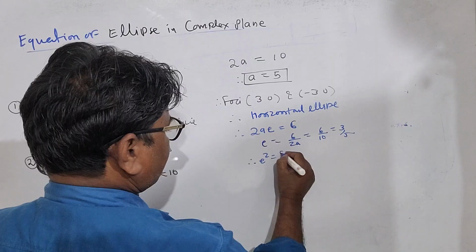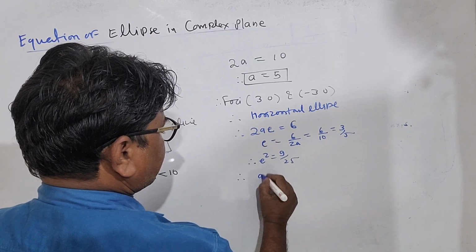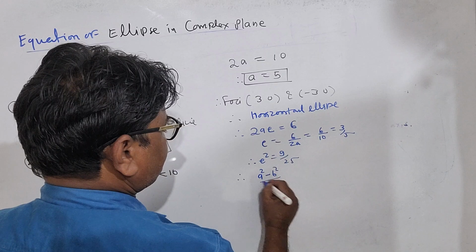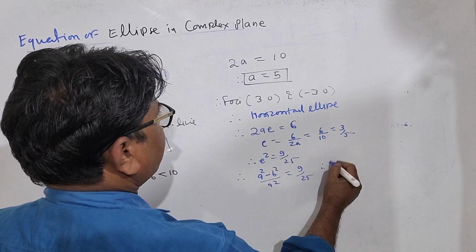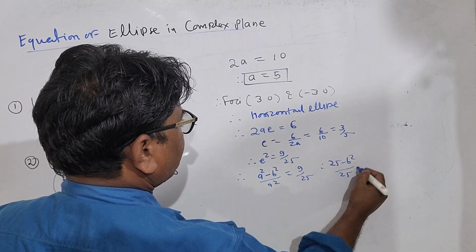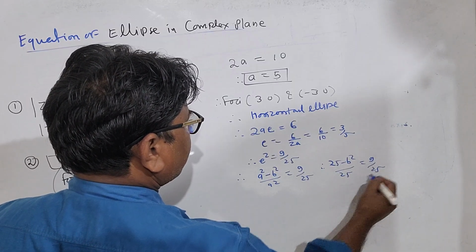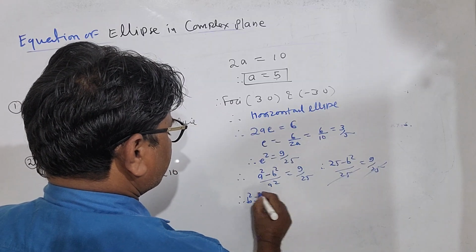Therefore e square equal to 9 by 25. Now e square is (a square minus b square) upon a square, so 9 by 25. A square is already given, 25, minus b square upon 25, and the 25s get cancelled out. So therefore b square is equal to 16.